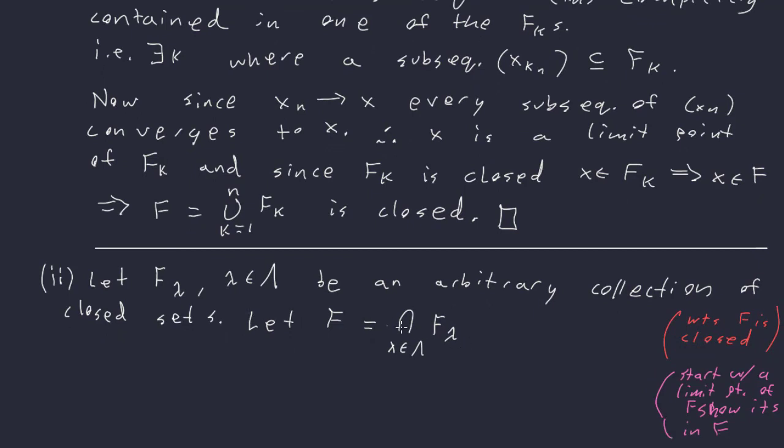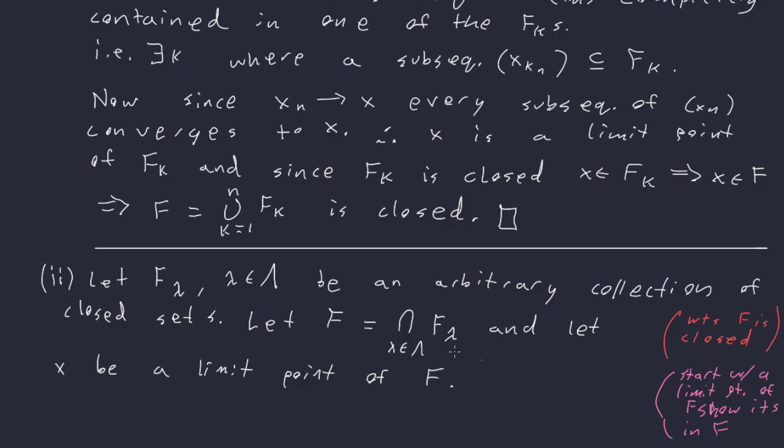So we're going to let capital F be this arbitrary intersection and let x be a limit point of capital F. Now this is going to be much easier to prove than part 1 was, surprisingly. That might seem a little odd, but it's because of the intersection part.